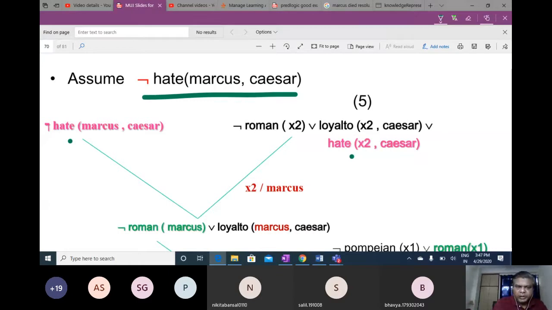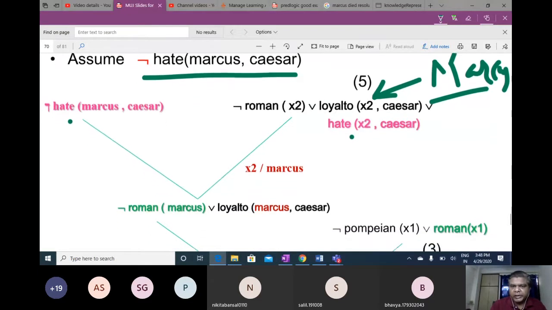As soon as we replace x2 by Marcus, this x2 becomes Marcus. That is why this substitution is required. Why do we want to substitute? We want to see what our resulting statement will be.